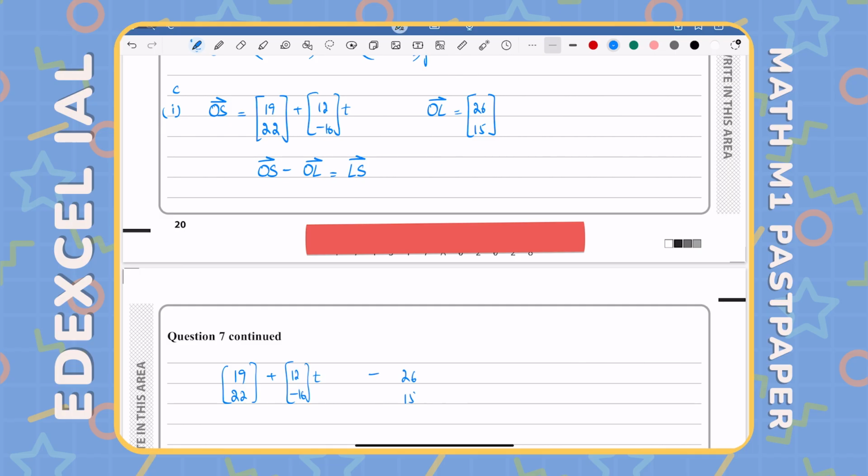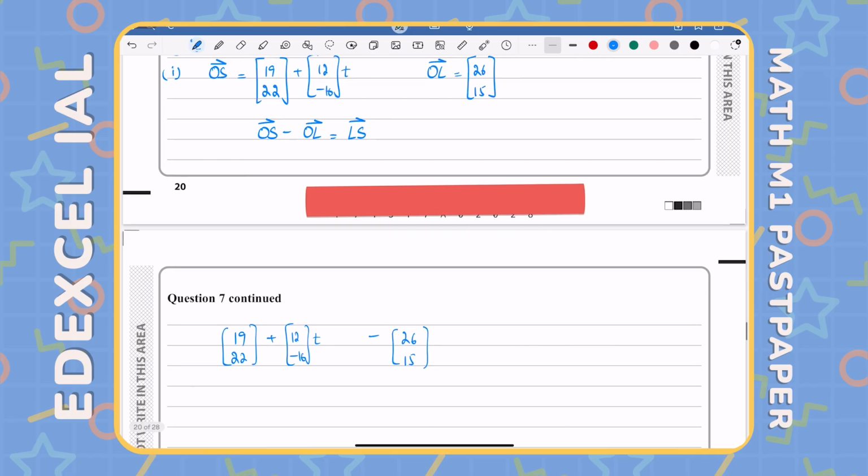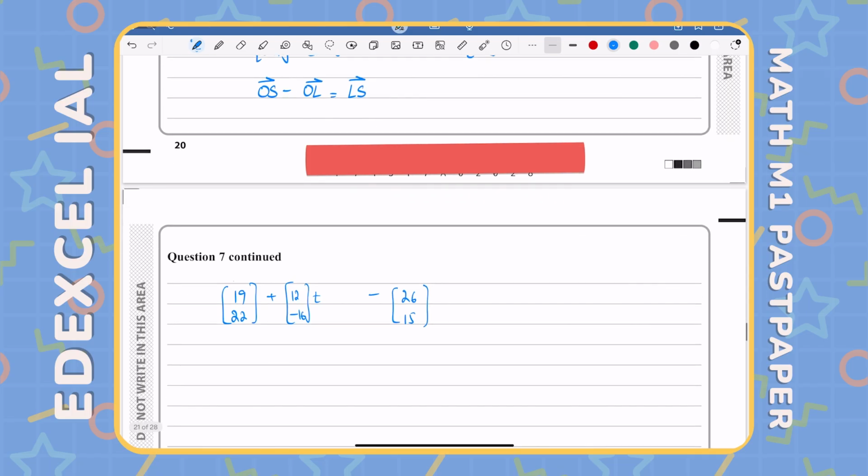We're subtracting 26 and 15. Okay, so all we have to do is basically 19 minus 26. So what's that equal to? That's equal to negative 7. Okay, and then 22 minus 15, that's equal to 7. So minus 7, 7 plus 12 and minus 16 times t.